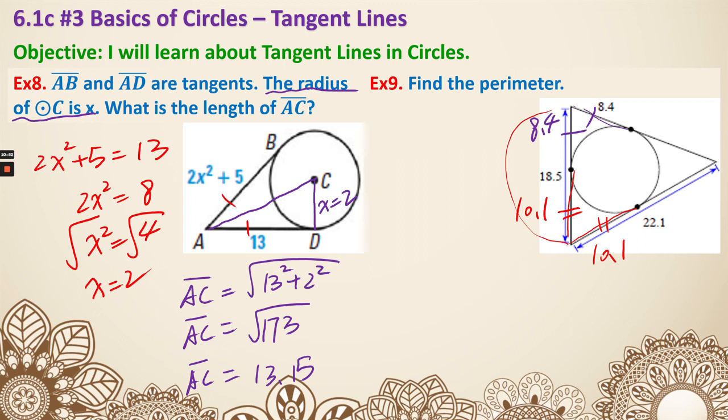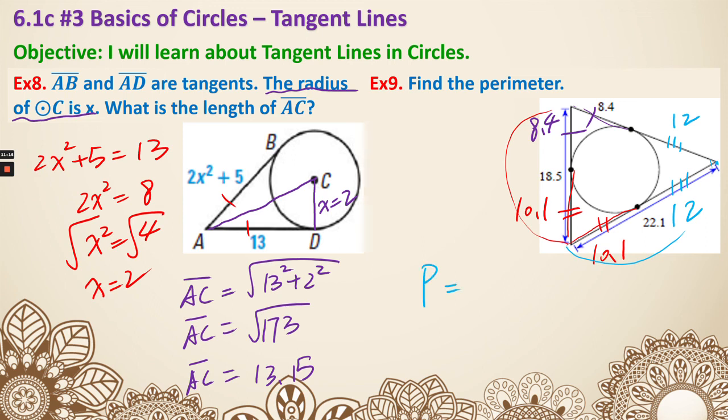And if we keep moving along, if that whole thing is actually 22.1 and this little portion is 10.1, we can find out this portion is going to be 12. If that's 12, same point tangent segment, that is also 12. Now we actually have found every single part on the whole triangle. We can find the perimeter.